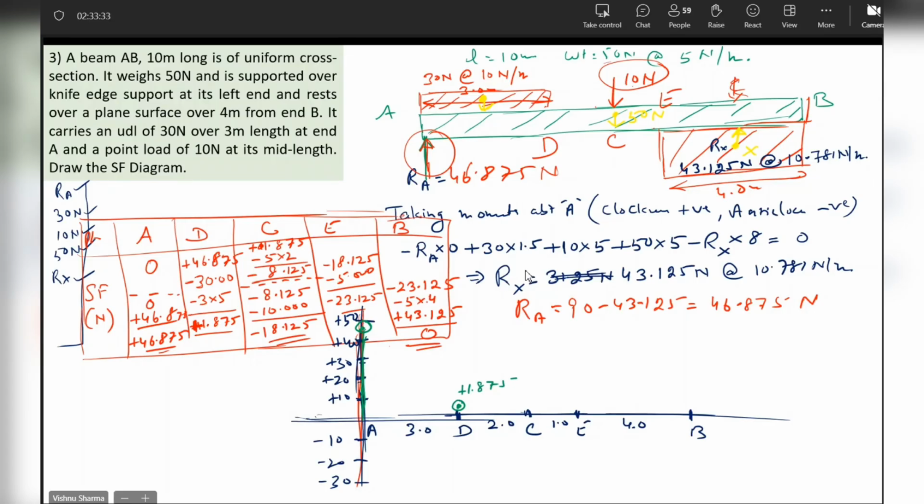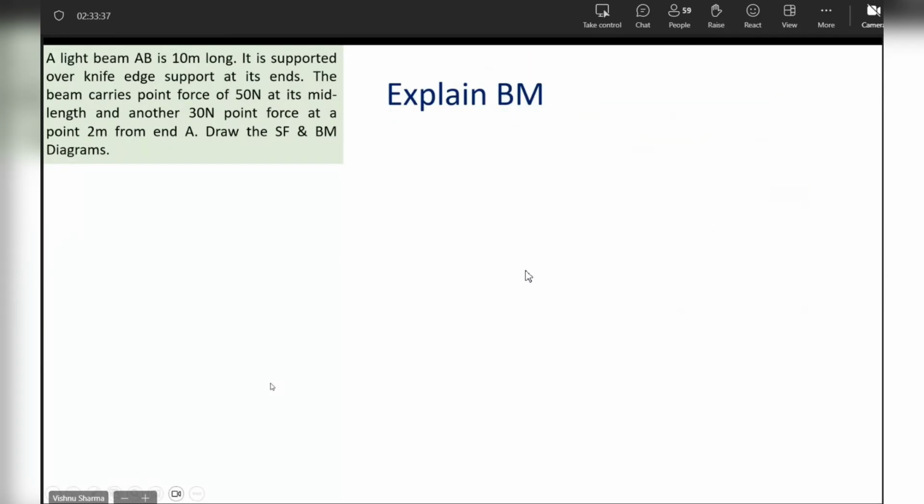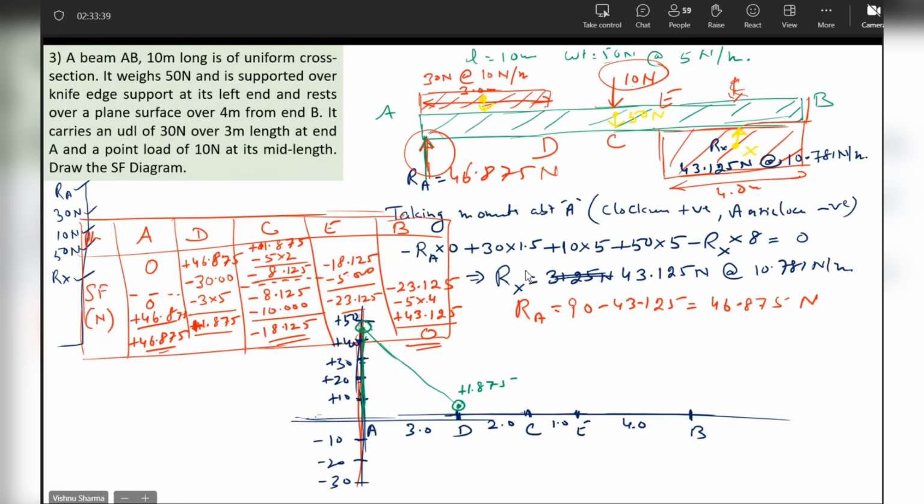So we'll just put the scale and join this with a straight line. From 1.1875, it goes to minus 8.125 at C. From D to C, there is only the weight of the beam, you see.